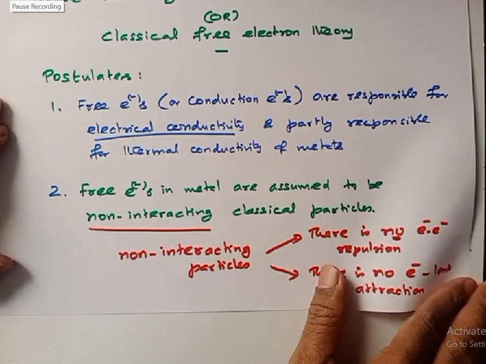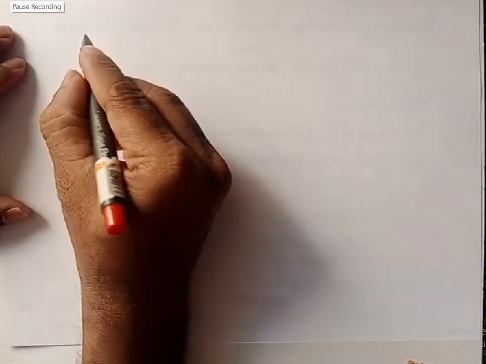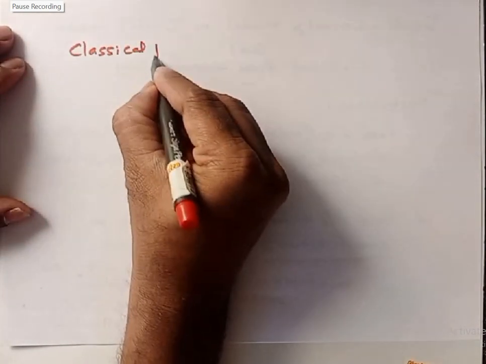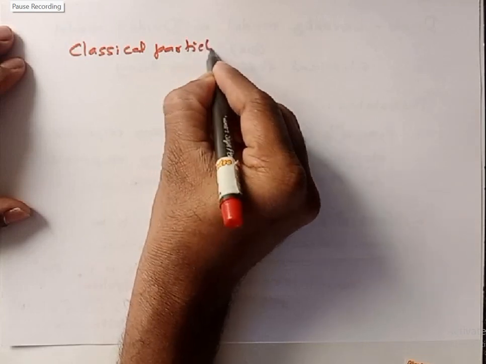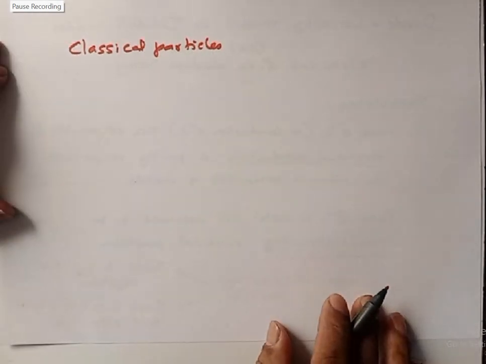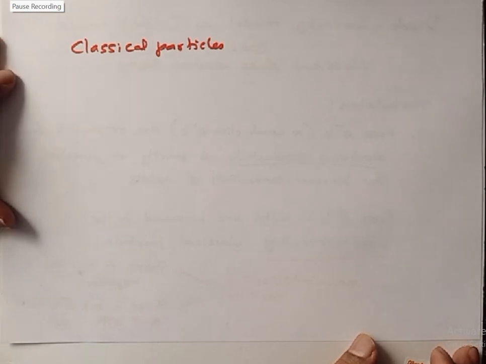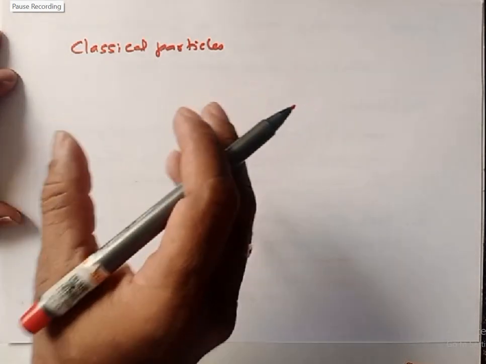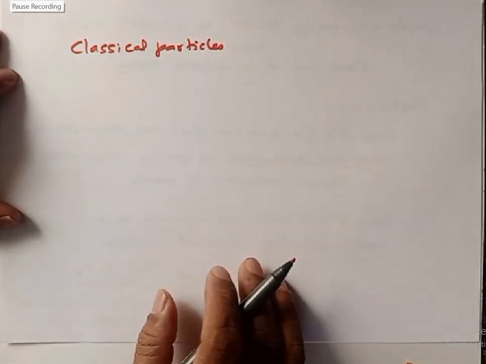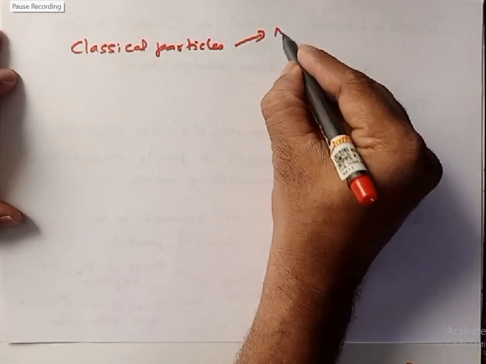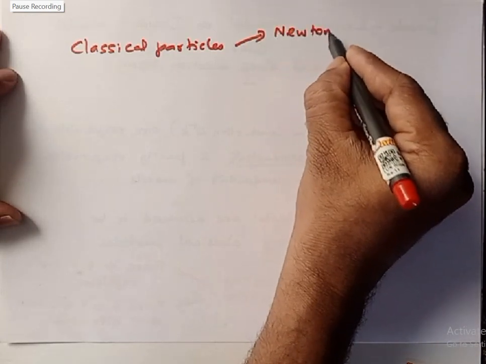Let me write on the next page. What are called classical particles? The free electrons in metals are assumed to be classical particles. If a particle is classical, then it follows Newton's laws.